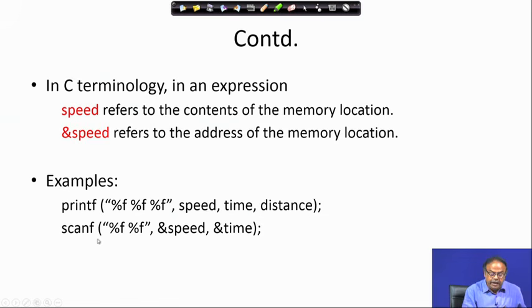And when I am reading %f and &speed and &time, that means I am reading into the address of the variable speed, and the address of the variable time. So, this is required to be understood.